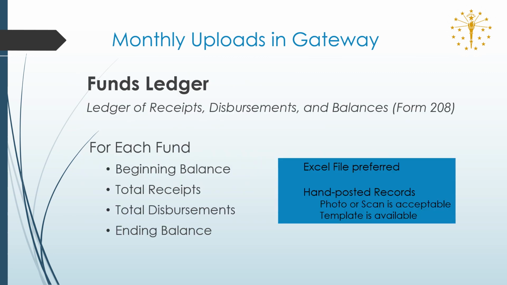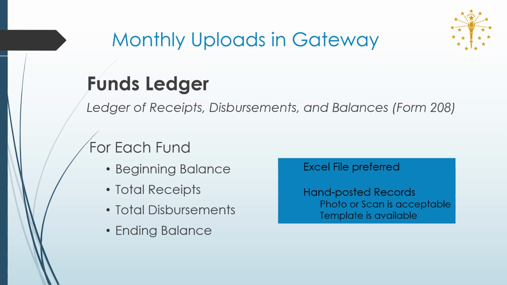The last monthly upload requirement is the funds ledger, or this could be referred to as the ledger of receipts, disbursements, and balances, the prescribed Form 208. The information needed for the funds ledger upload is the beginning balance, total receipts, total disbursements, and ending balance by fund. Please note the detail of each receipt and disbursement is not required here.